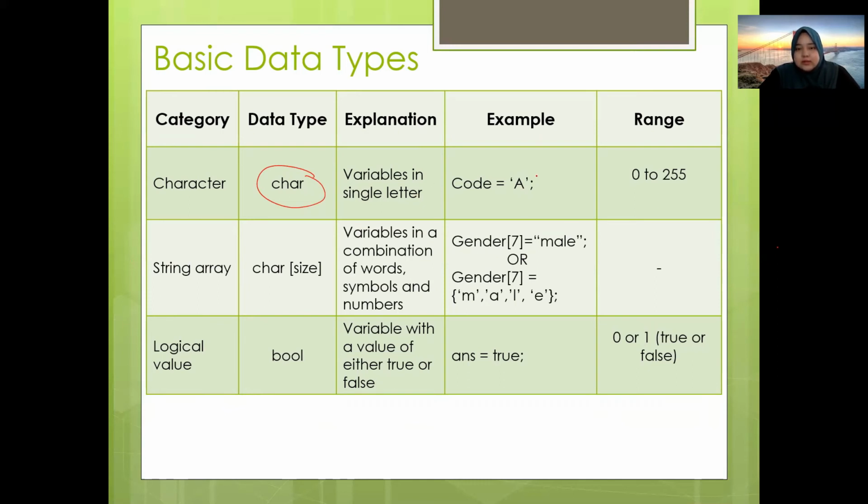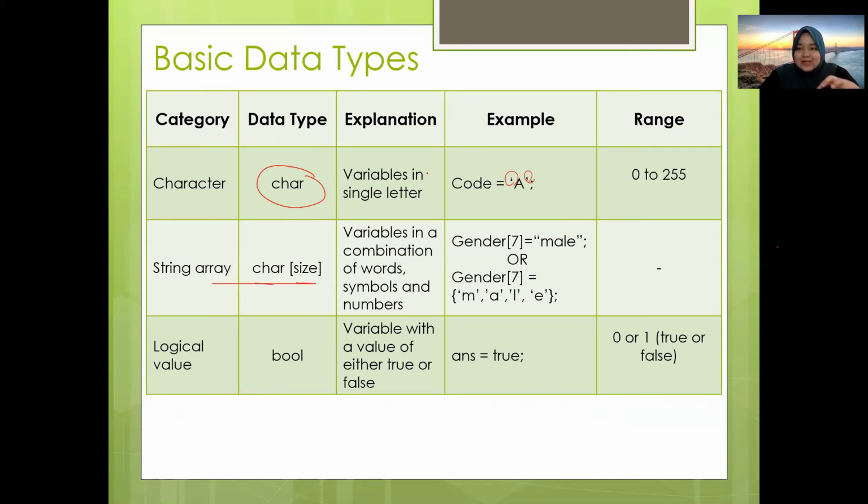Kalau karakter, kalau tadi string kita guna double quotation, kalau karakter kita gunakan single quotation. Okay, string array, nampak macam sama betul tak? Sebenarnya dia berbeza di mana kat sini dia ada char, lepas tu dia size. Untuk yang ini adalah variable in the combination of word, symbol and number.